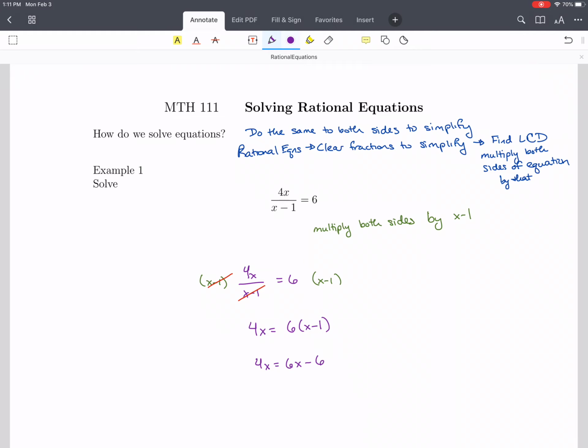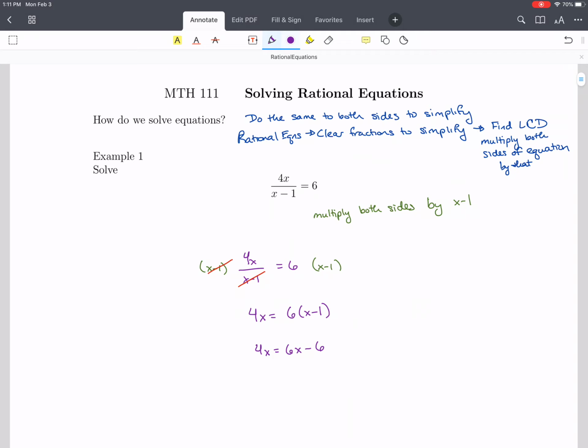Then I could subtract, sorry, not 2x, I'd subtract 6x from both sides, get negative 2x is equal to negative 6, and then divide both sides by negative 2, and I get x equals 3.